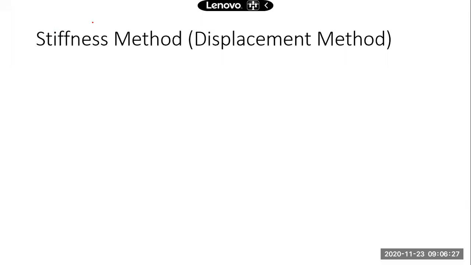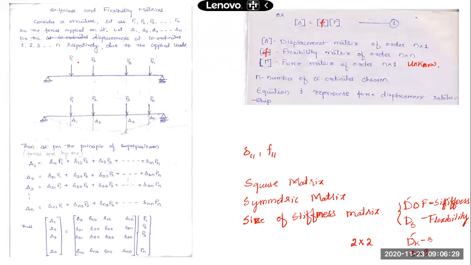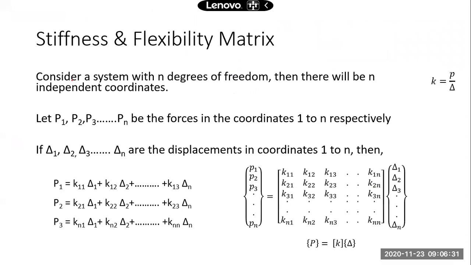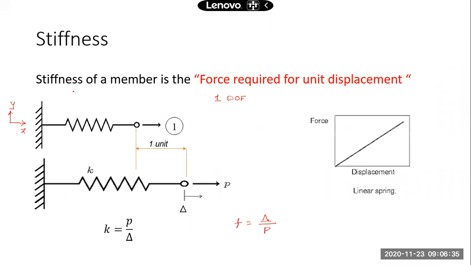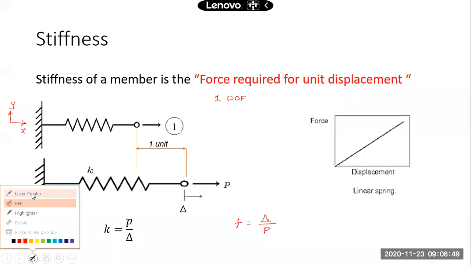Now we'll begin with the stiffness method. Last week in the class, we saw what stiffness and flexibility are by considering one simple spring. For this, only one displacement was possible in one direction, so it had 1 degree of freedom.